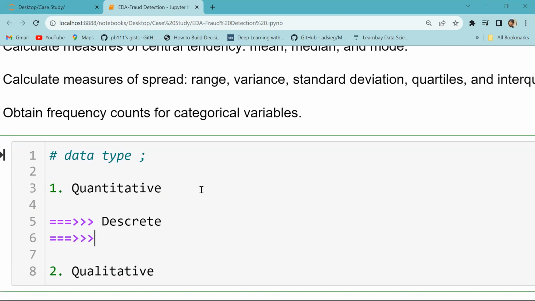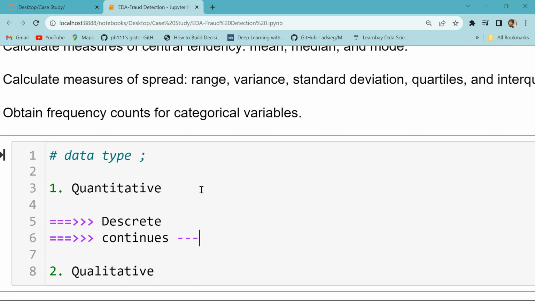So what does continuous mean? Continuous data is fractional data. For example, your height is not easily measurable. Like 5.10, but is it exactly 5.10? No, there is some kind of variation.